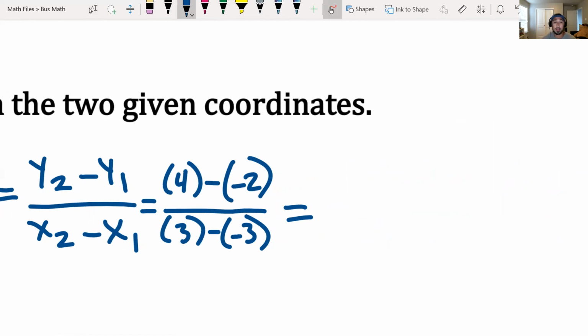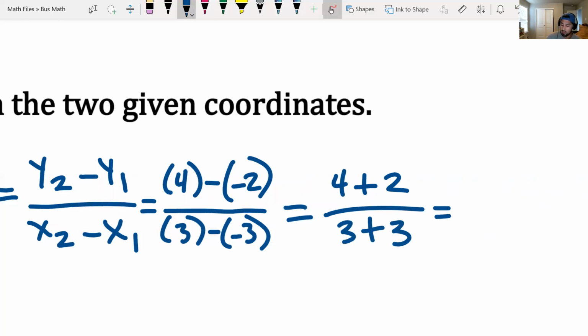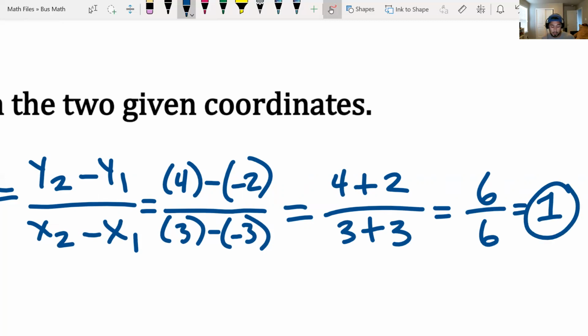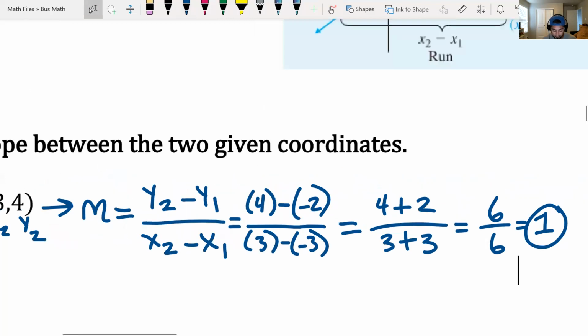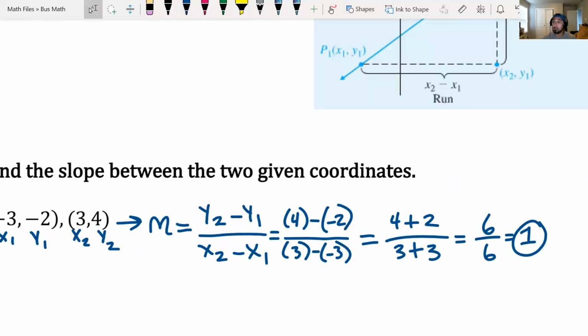Simplify it from there. And 4 minus -2, we know that minus minus makes plus. So that'll give me 4 plus 2 over the same thing down below, 3 plus 3. We get 6 over 6, which reduces to 1. So the slope between these 2 points happens to be 1, a positive slope of 1.